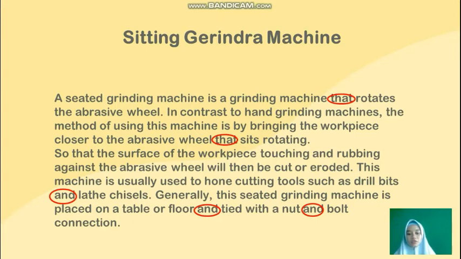This machine is usually used to sharpen drill bits and scissors. Generally, this seated grinding machine is placed on a table or floor and fitted with a nut and groove connection.